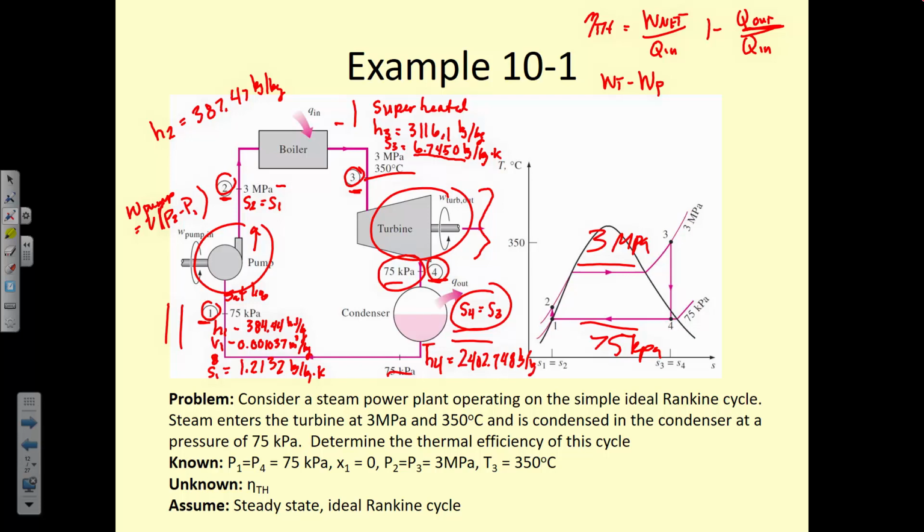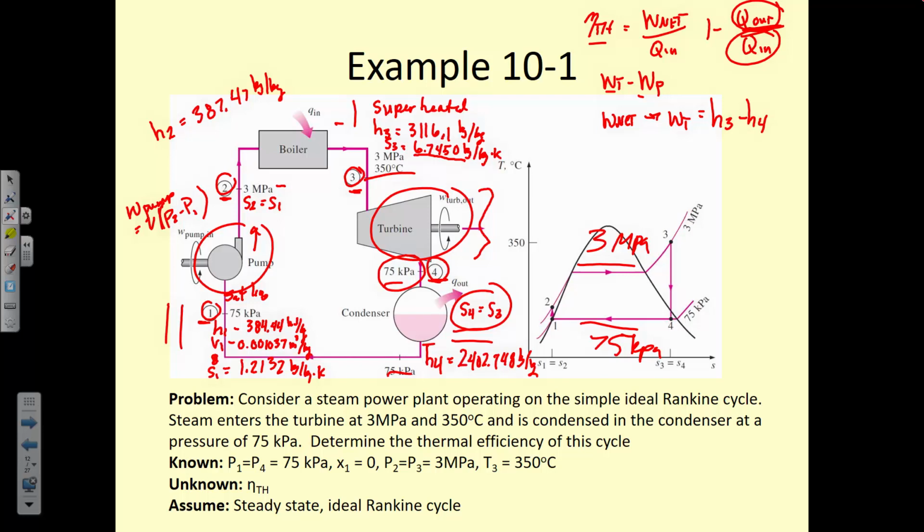kilojoules per kilogram. So we can calculate our thermal efficiency because we know all of our enthalpies. We can calculate the work of the turbine, the work of the pump, or we can calculate Q out and Q in. Either way we do that, we should get the same answer. So let's just do it with work net. The work of the turbine is equal to H3 minus H4.